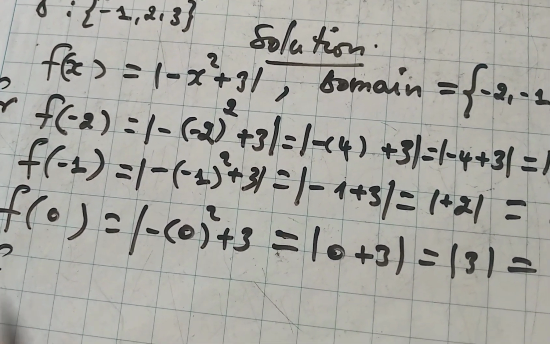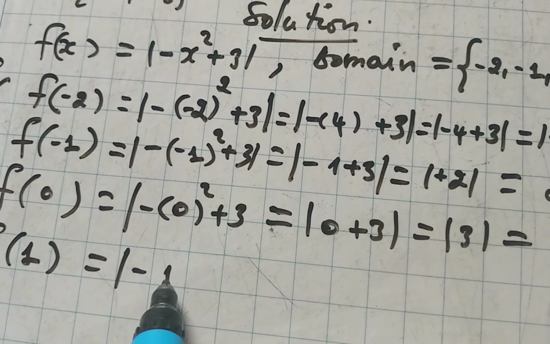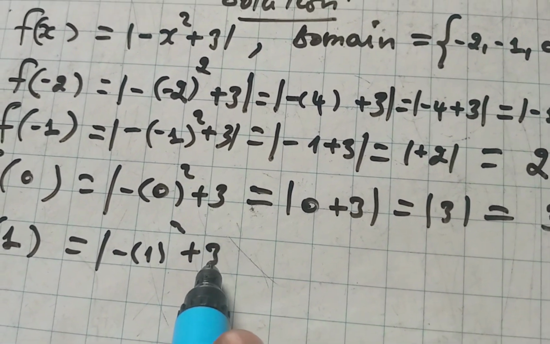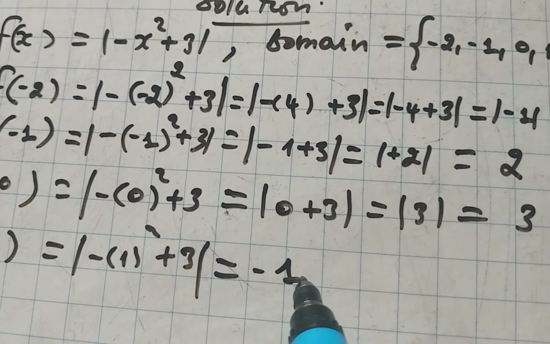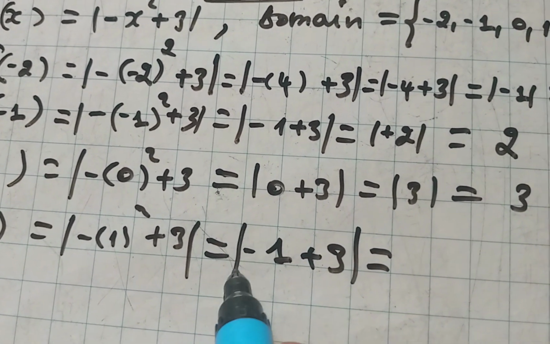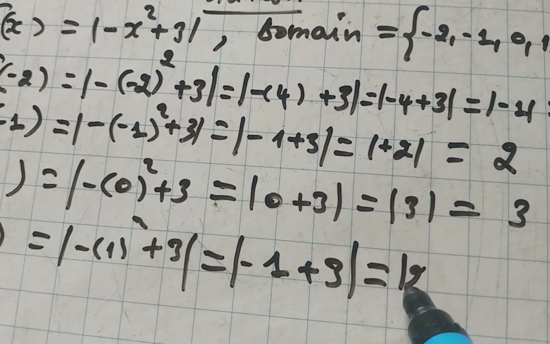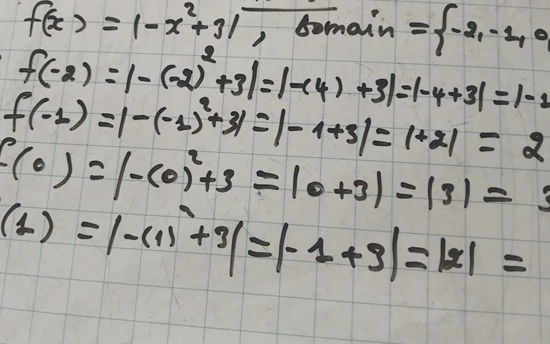For x which is equal to 1, this is equal to the absolute value of 1 squared plus 3, which is equal to negative 1 plus 3, which is equal to the absolute value of 2. Now it is equal to 2, right?